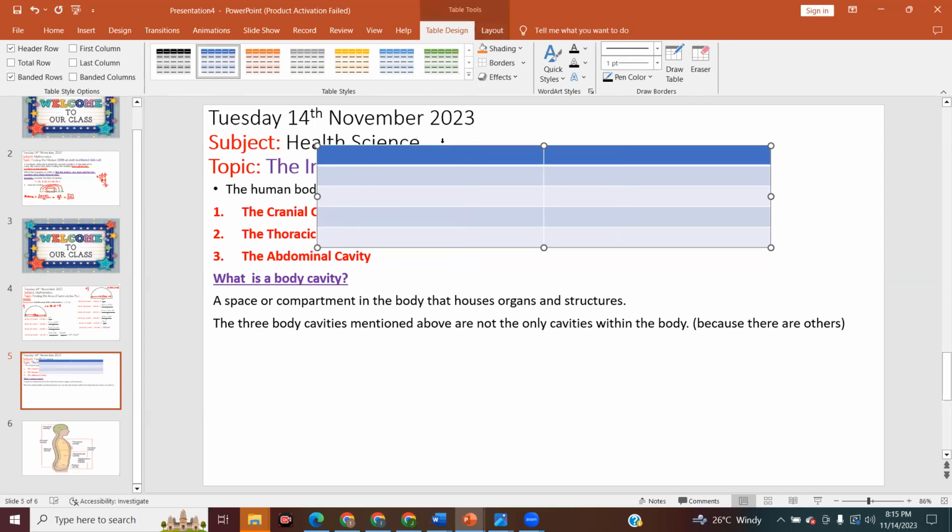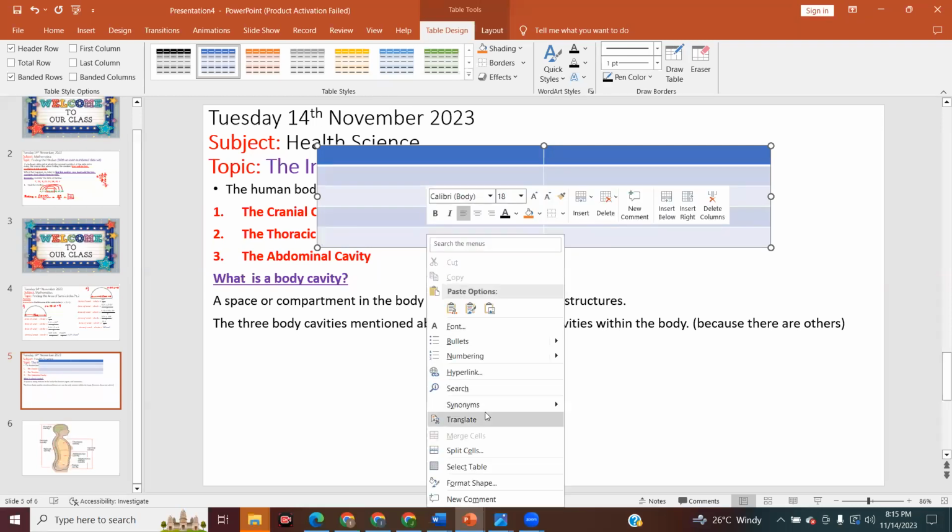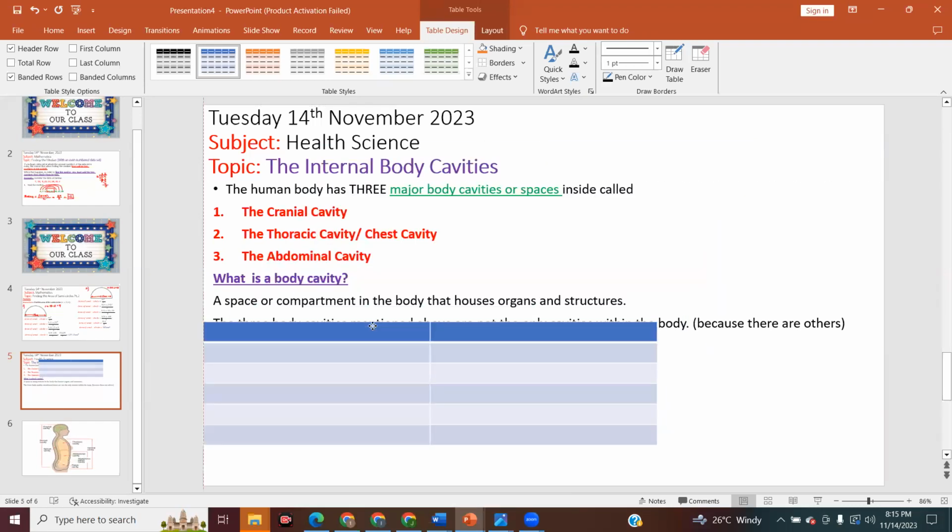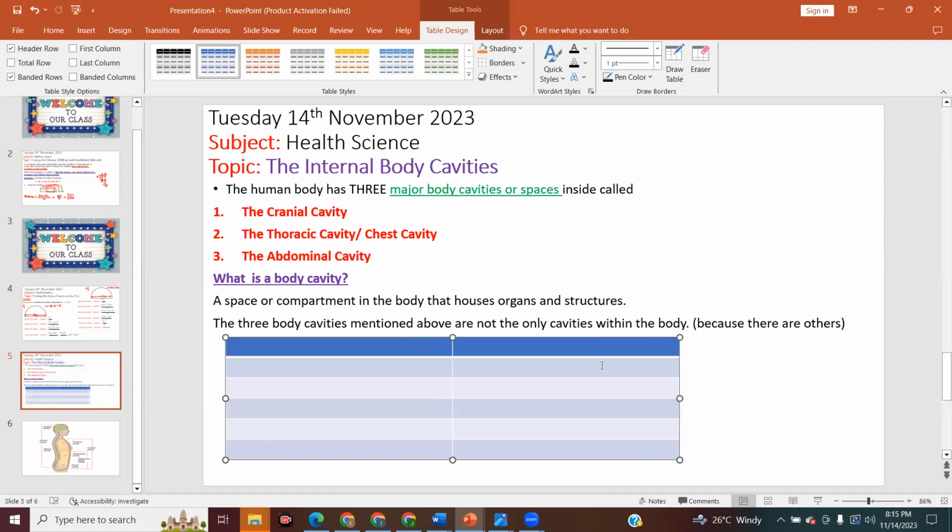Well, let's just make it 6 rows. I need one more row. Good. So perfect. Now in this one, I'm going to put on this side, body cavity.